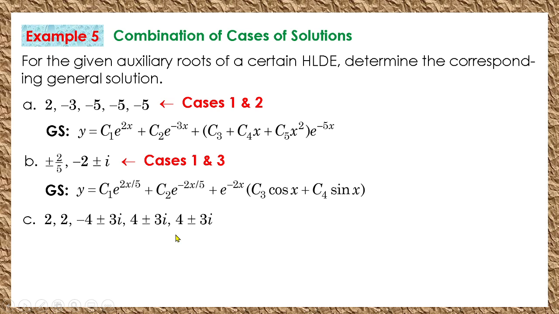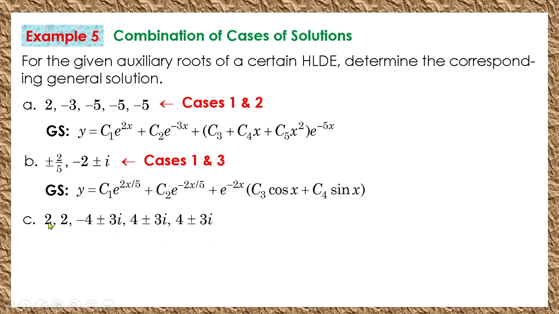And the last two, they are different. This one is negative 4 plus or minus 3i, and this one is 4 plus or minus 3i. So the last two groups of roots, what case are they?